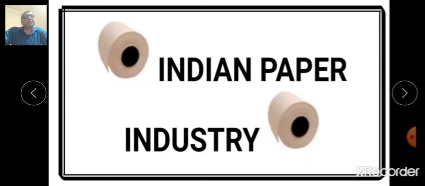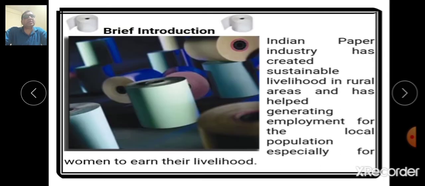Now, Indian paper industry, I will give the brief introduction about Indian paper industry. Indian paper industry has created sustainable livelihood in rural areas and has helped generate employment for the local population, especially for women, to earn their livelihood.